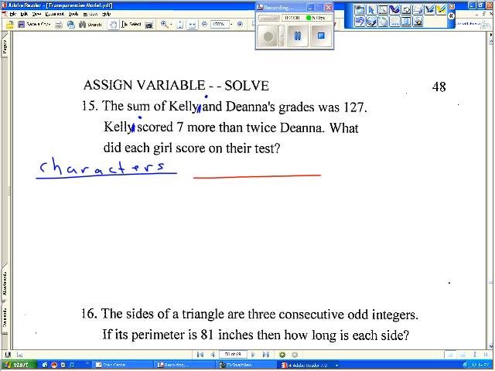C, sentences containing words like total, sum, difference, product, quotient. Things that mean add, subtract, multiply, or divide. Good. All right, so we read our first sentence. It says the sum of Kelly and Deanna's grades was 127. Is that an A, B, or C? From page 40.